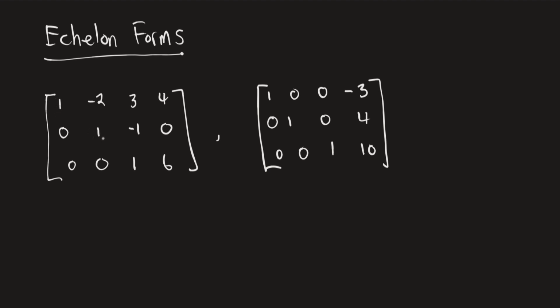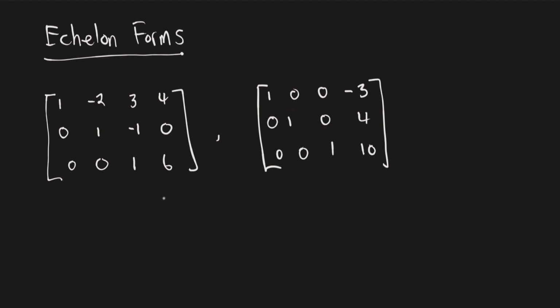It's almost like we have to go down in a staircase kind of pattern in order for this back substitution to work. And we have that same kind of pattern here. It's just that, in addition to eliminating entries below each pivot, we have to eliminate the entries above each pivot.